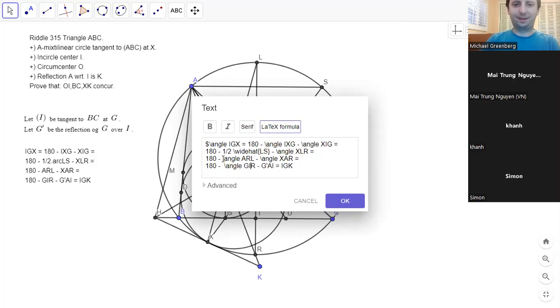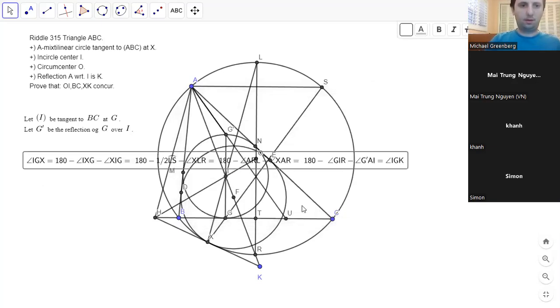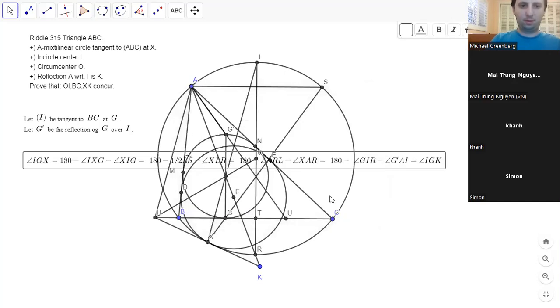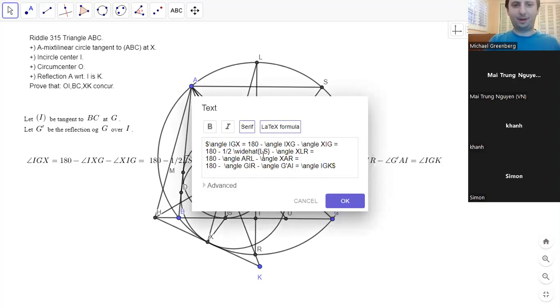It's fantastic. Oh, I thought it would space it out. Oh, well. I think I have to do it like this.